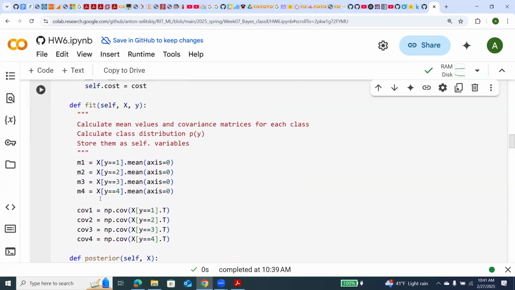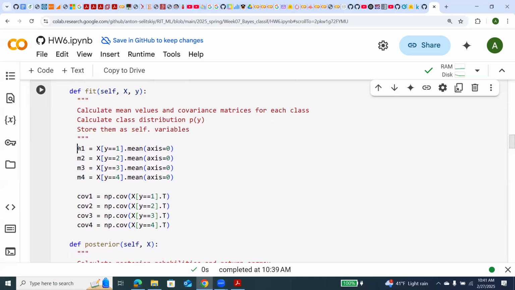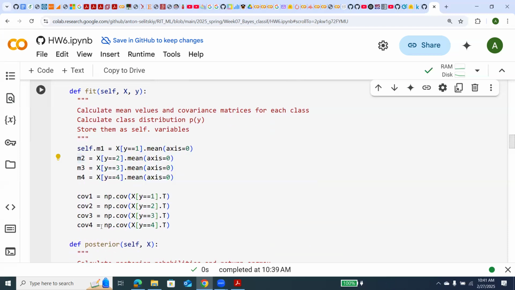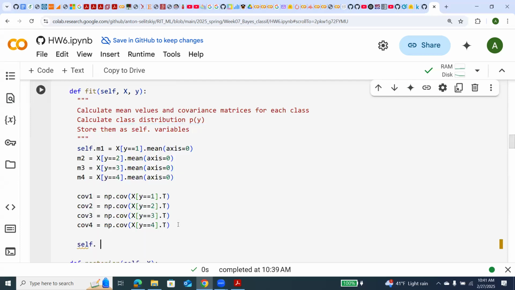So, in fit, okay, it's def. We should use self also. Then you should calculate also the probability of classes. You can calculate self of class 1, class 2, and so on. As you remember, you can use just the count function.